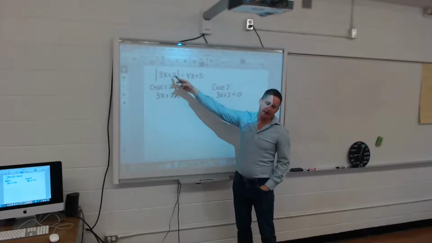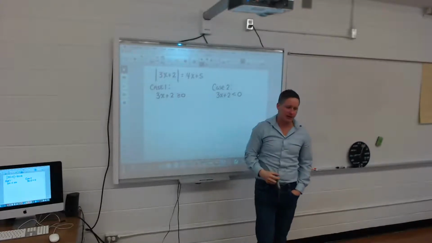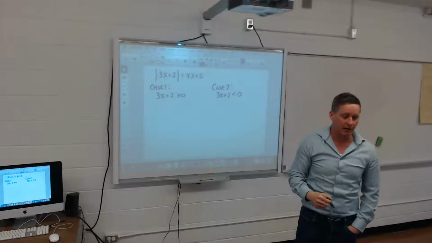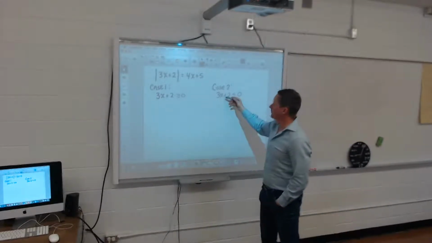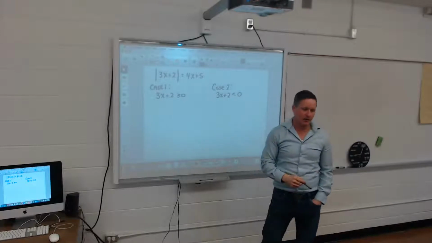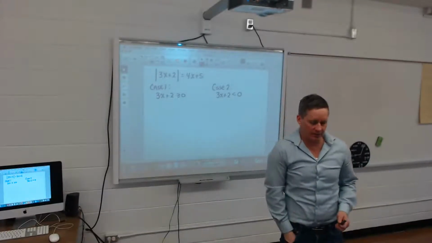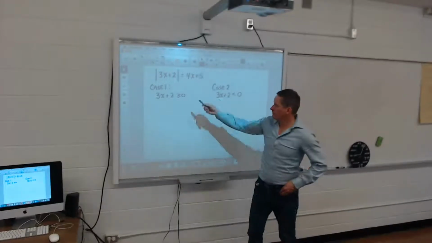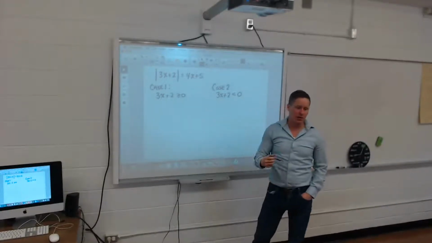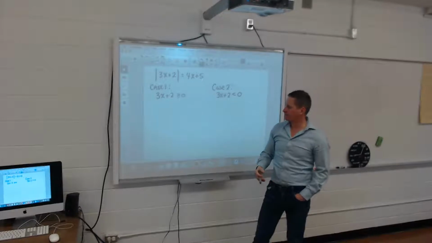The first is if 3x plus 2 is greater than or equal to 0, meaning it's a positive number or 0, and the second is if 3x plus 2 is less than 0. So there must be some sort of domain that will work for the x value, and we want to narrow it down.